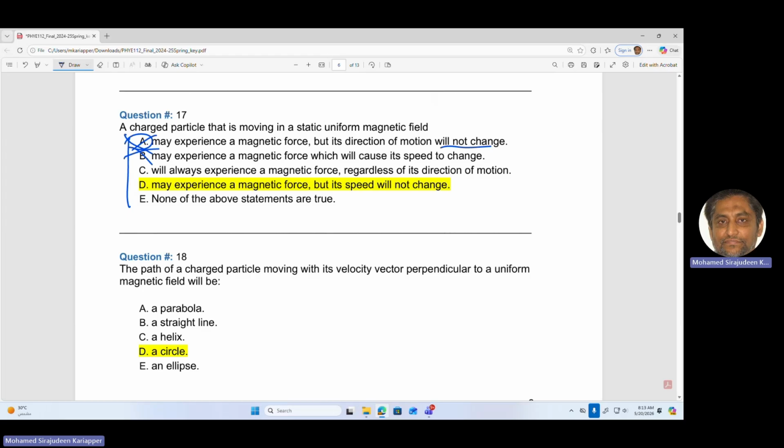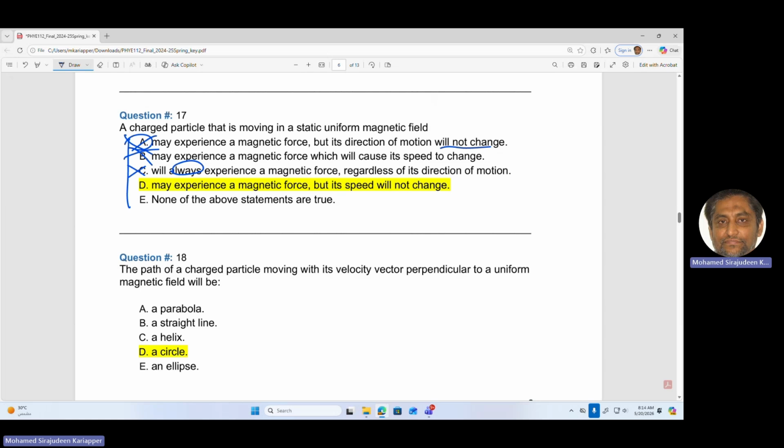That is not true. If the magnetic field is parallel or anti-parallel, 0 degrees or 180 degrees, with the velocity direction, then there will be no force. That means it will not change the direction. So saying always makes this wrong.